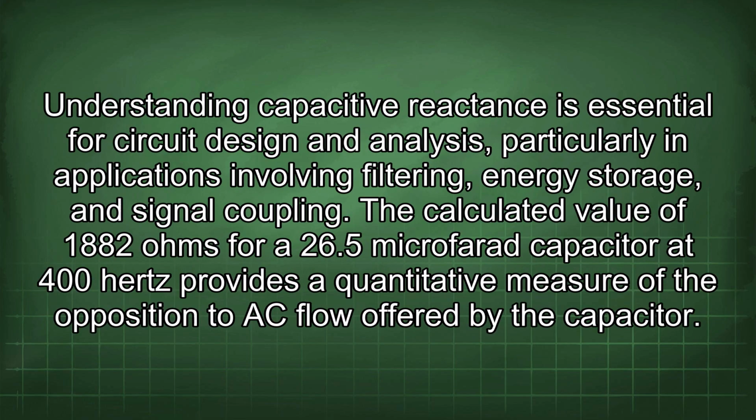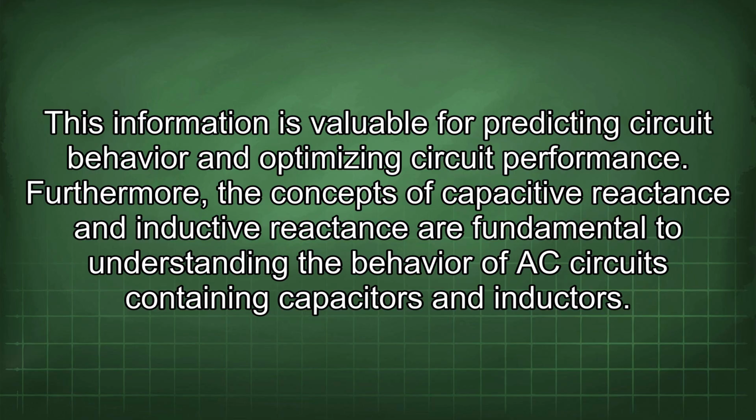Understanding capacitive reactance is essential for circuit design and analysis, particularly in applications involving filtering, energy storage, and signal coupling. The calculated value of 1882 ohms for a 26.5 microfarad capacitor at 400 Hz provides a quantitative measure of the opposition to AC flow offered by the capacitor. This information is valuable for predicting circuit behavior and optimizing circuit performance.